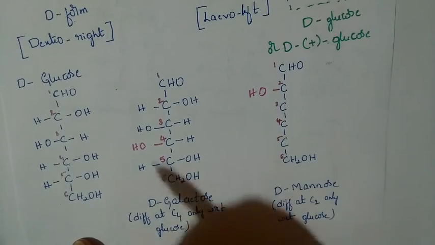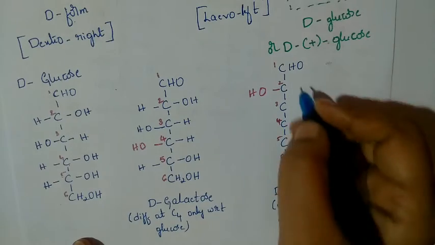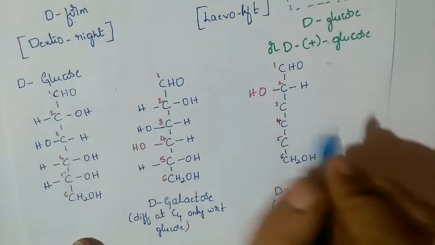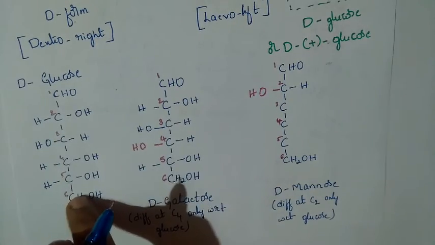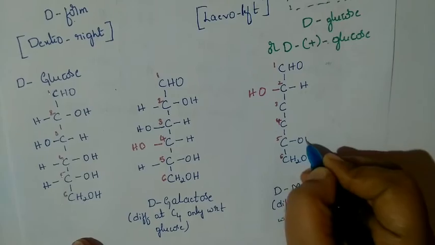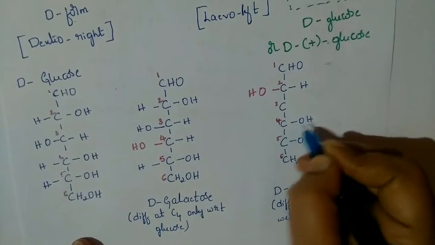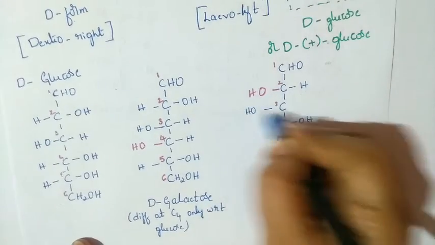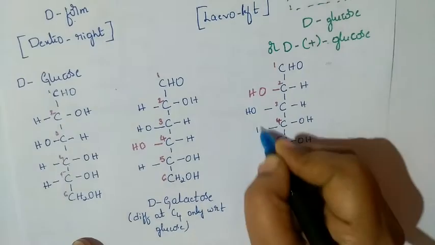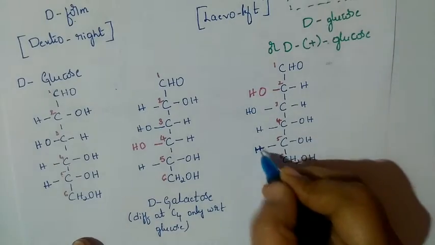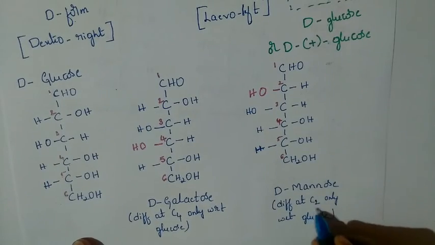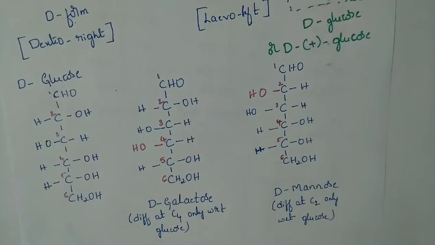So fifth OH right, fourth also OH right, third OH left. So only at C2, the second carbon, if the OH position is different, then it is called mannose.